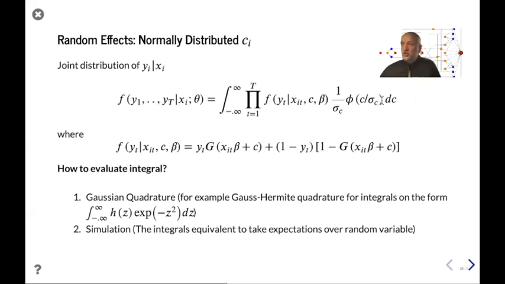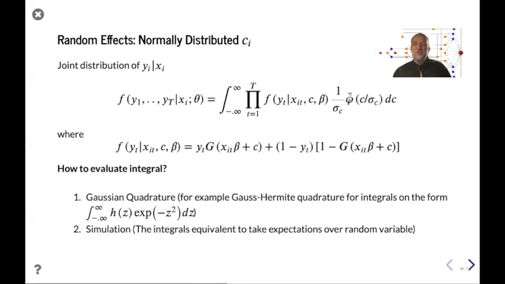It's a normal density with standard deviation sigma c. So this is the density for a normally distributed variable with that standard deviation, and this here is the standard normal density.